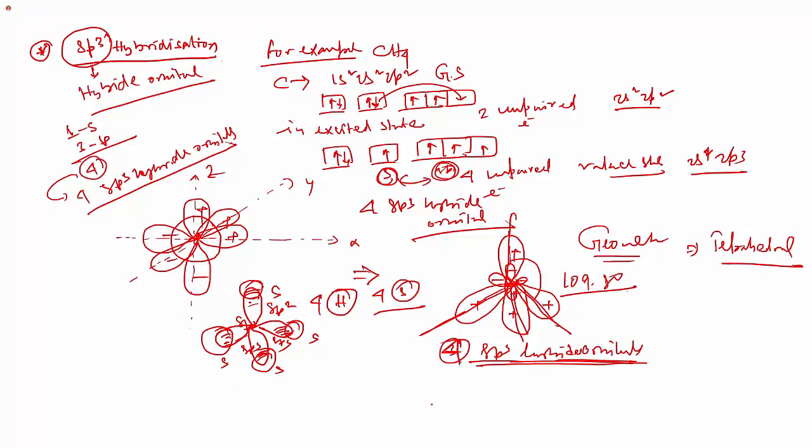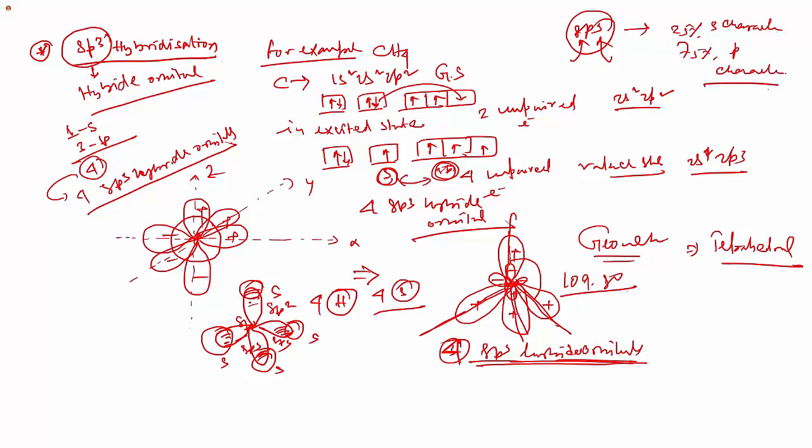Okay, so this phenomenon is called sp3 hybridization, where the carbon first forms 4 sp3 hybrid orbitals. For sp3 hybridization, one s orbital and three p orbitals are involved, so it is 25% s character and 75% p character.